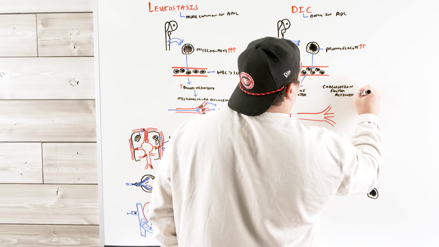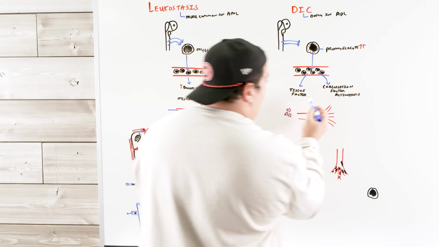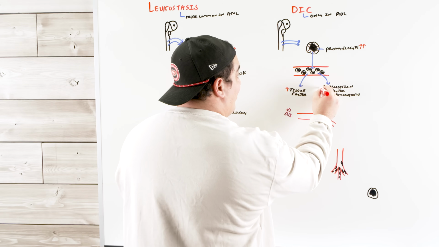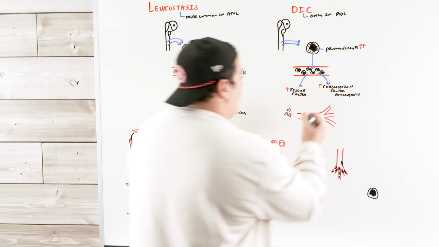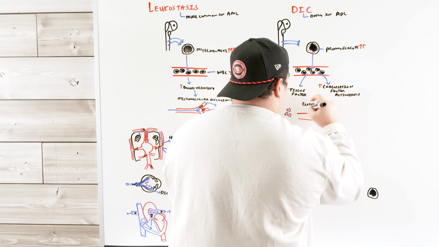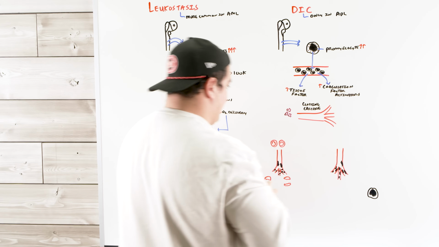So it can activate other coagulation proteins. So the whole point here is that you're releasing certain things that are going to do what? Trigger the coagulation cascade. So I'm going to increase the clotting proteins. I'm going to increase my clotting cascade with this concept here.